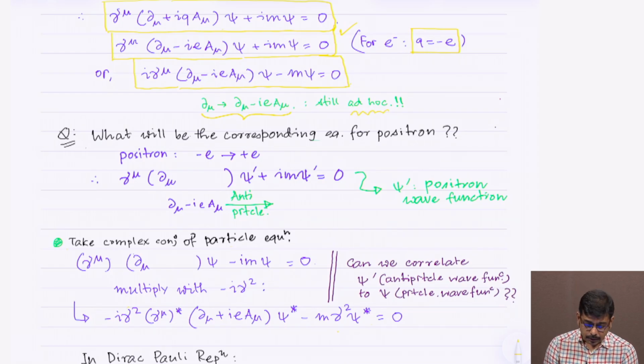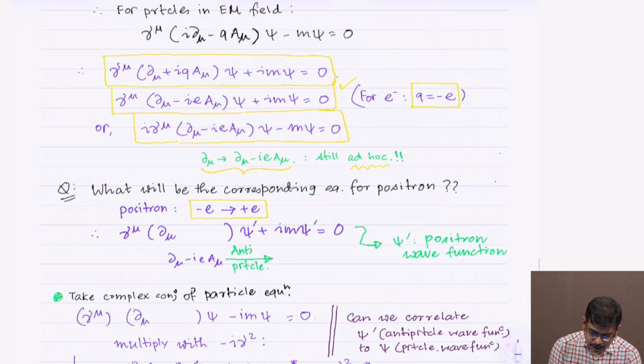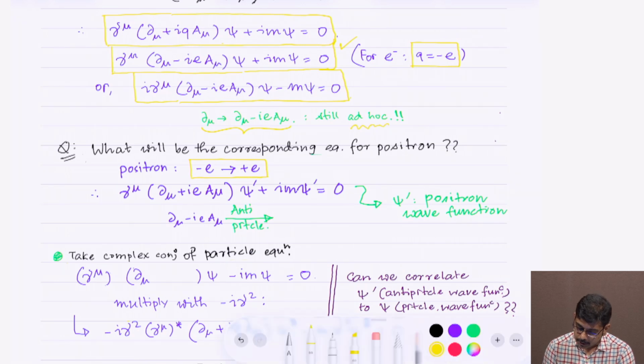Now, the question I would like to ask is, what will be the corresponding Dirac equation if I have to write it for the positron, right? As we just said, for the positron the minus electromagnetic charge becomes plus electromagnetic charge, or so to say, −e becomes +e. So, what exactly will this equation become? This equation was γ^μ(∂_μ − ieA_μ)ψ + imψ = 0. I will just replace this −ieA_μ with +ieA_μ, and I am also calling the wave function ψ', which describes the positron wave function.